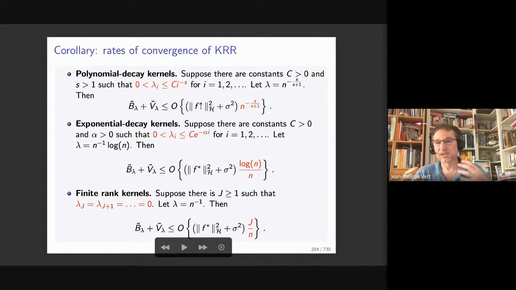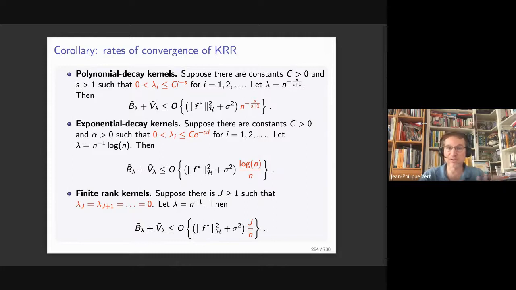Another way to say it is that when you do regression, you make an assumption on the regression function f star. By picking a kernel, you pick an RKHS, so this is the first strong assumption. Do you assume that f star is in a Sobolev space, or in a Gaussian RKHS, etc.? And from this RKHS choice, there is an interplay with the distribution of x through the eigenvalues, and the eigenvalues lambdas will decide whether you're in a regime with polynomial decay or exponential decay kernels.